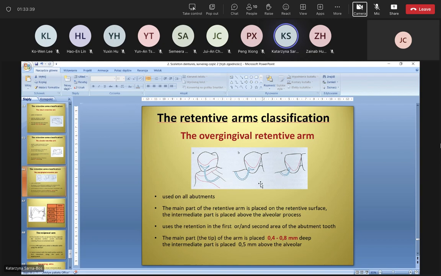It uses the retention in the first or the second area of the abutment tooth. It depends on the shape. So the retention is used in the first area, but also in the second area of the abutment tooth. And the main part, the tip of an arm, is placed 0.4 to 0.8 millimeter deep, and the intermediate part is placed 0.5 millimeter above the alveolar.